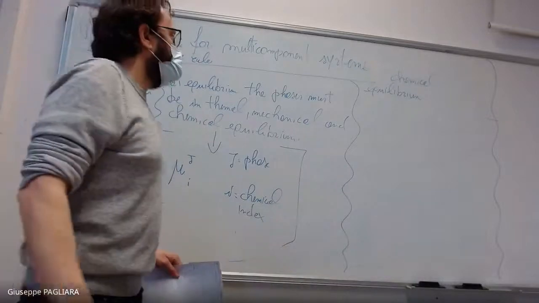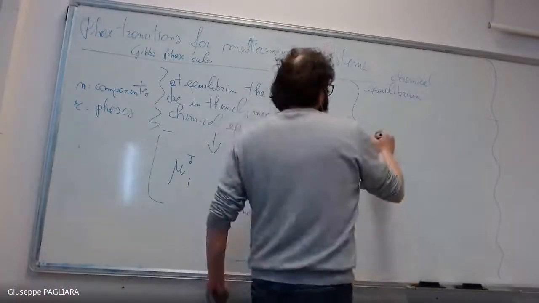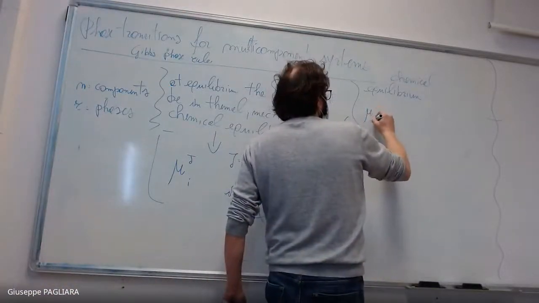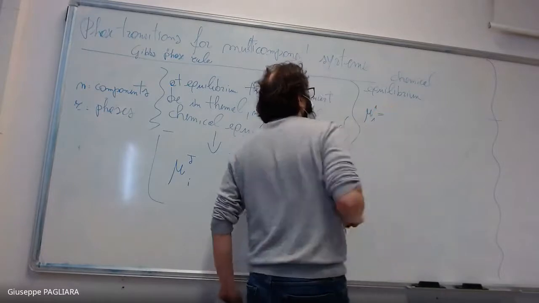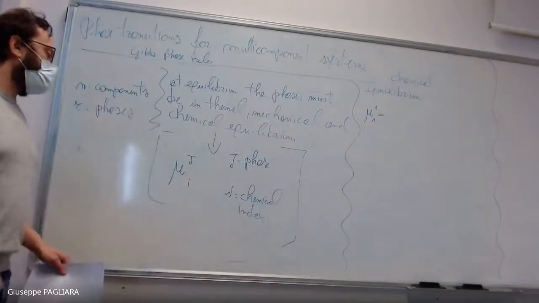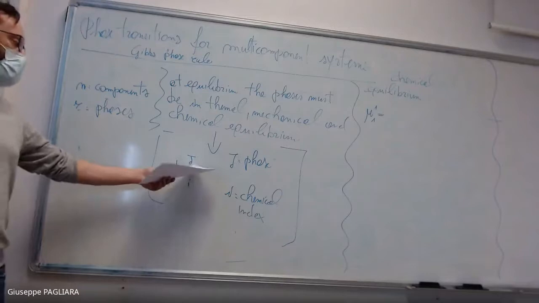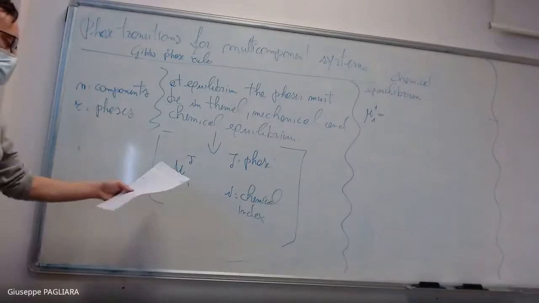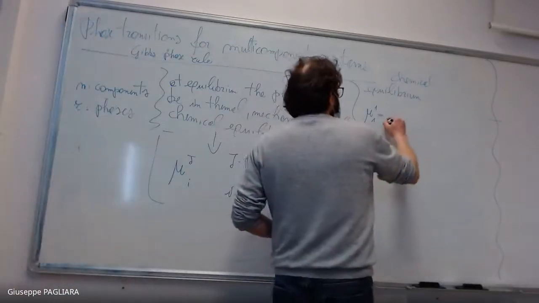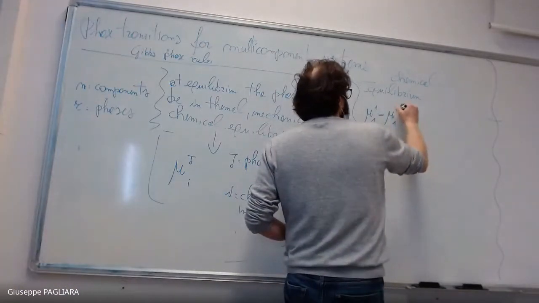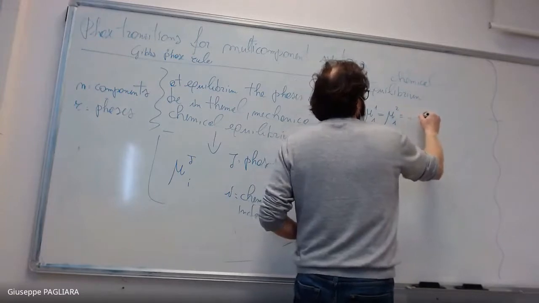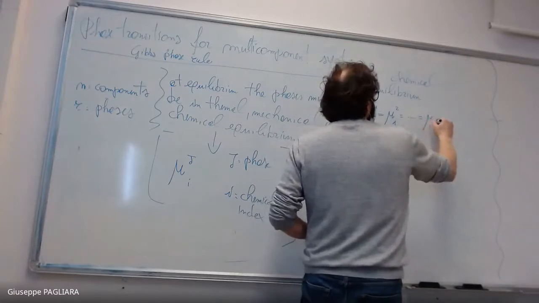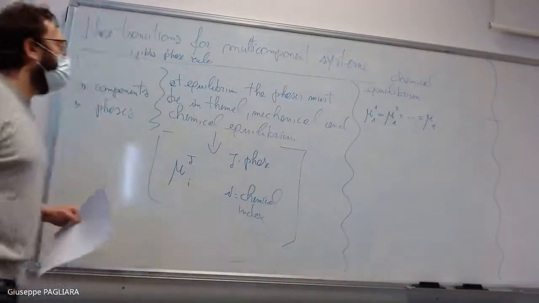Chemical equilibrium means mu_1 of phase 1 of chemical component 1 is equal to mu_1 of phase 2, and so on, up to which number?